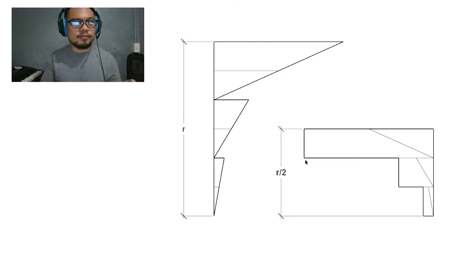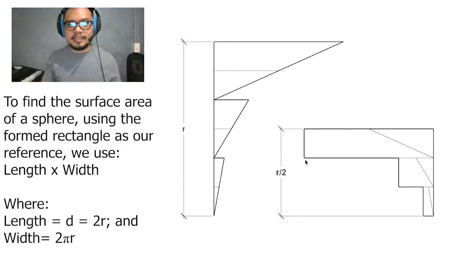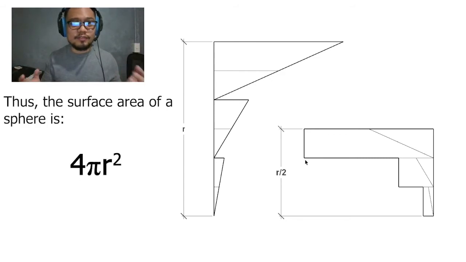So that's how we prove that what we had earlier is correct: the 2 radius and the 2 pi r. That brings us to how we find the surface area. When we multiply 2 radius by 2 pi r, we get 4 pi r squared, and that is the equation we use to find the surface area of a sphere.